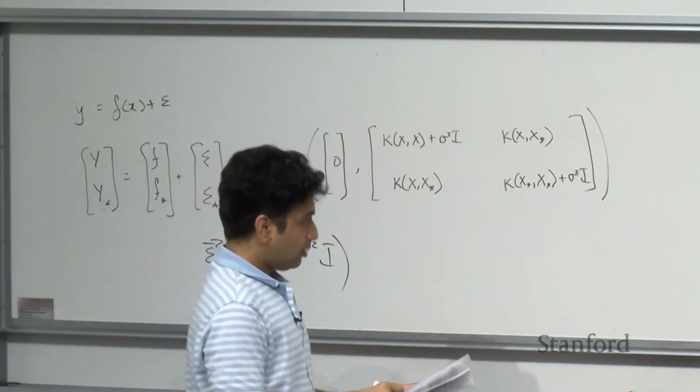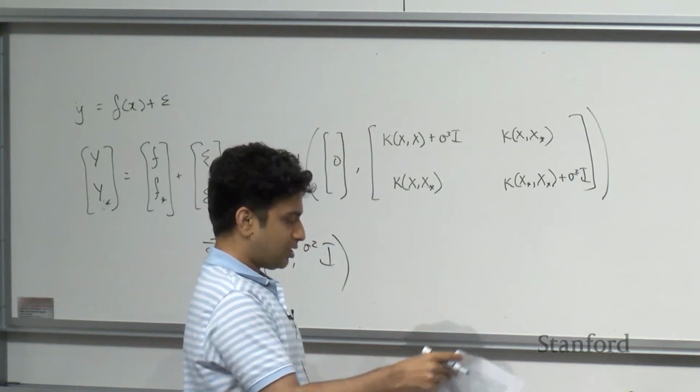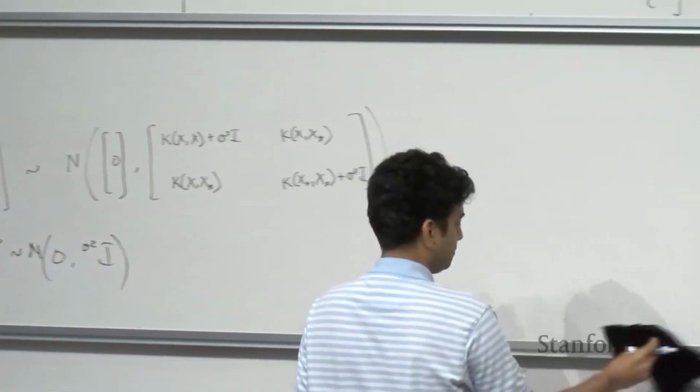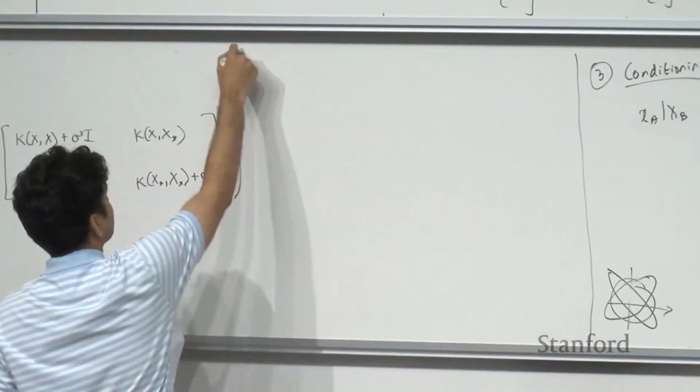Right? And given this matrix, we are just one step away from finishing up Gaussian processes.